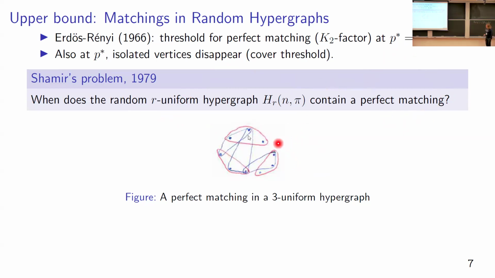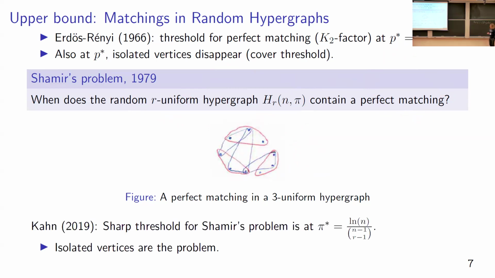You can imagine a perfect matching here: these are the edges in red, and the hypergraph is the entire thing with the red and blue edges. This was resolved six years ago by Jeff Kahn, and he showed that the sharp threshold is here at ln n over this binomial coefficient. And once again, it turns out that this coincides with the sharp threshold for the disappearance of isolated vertices.